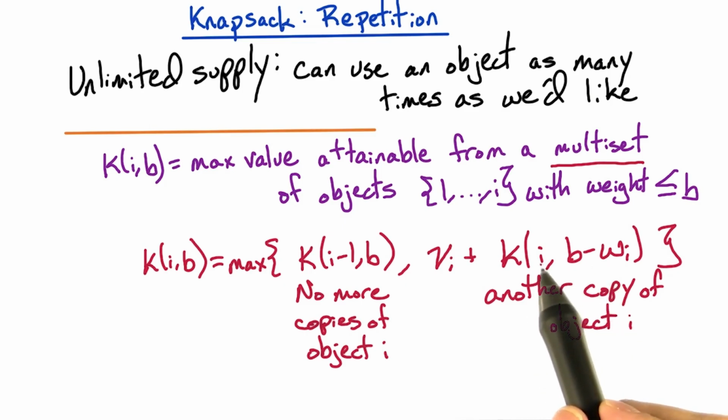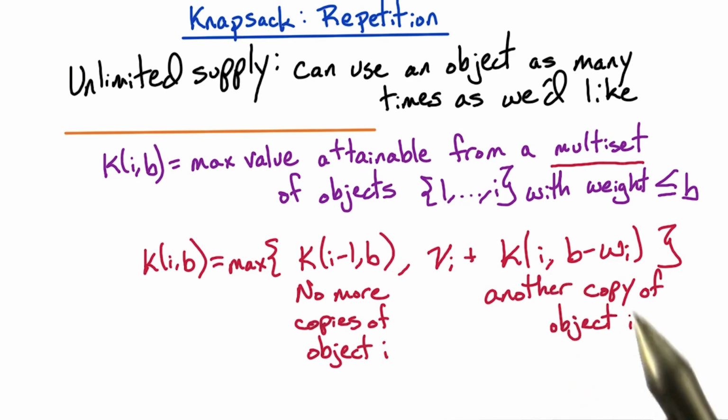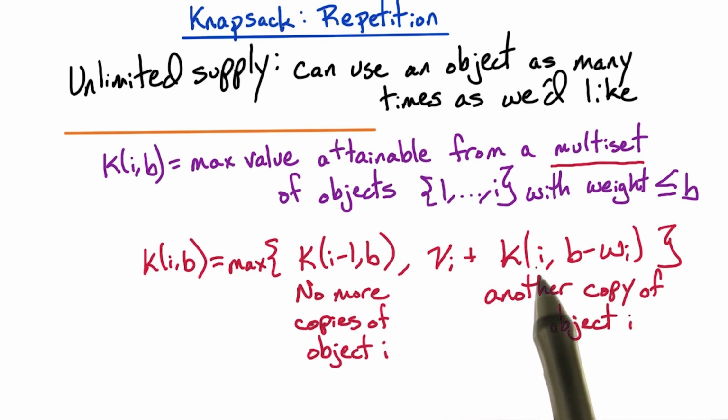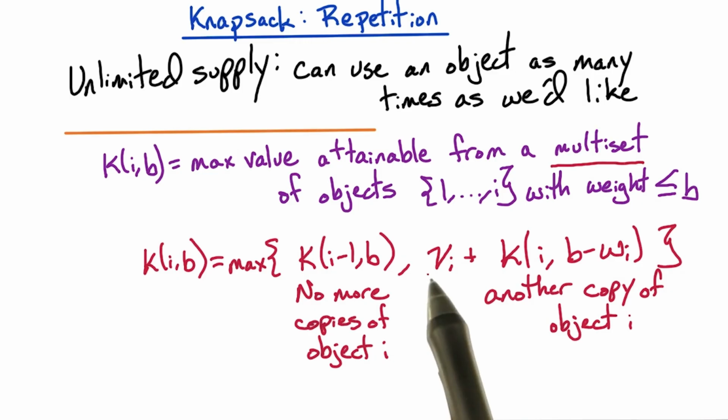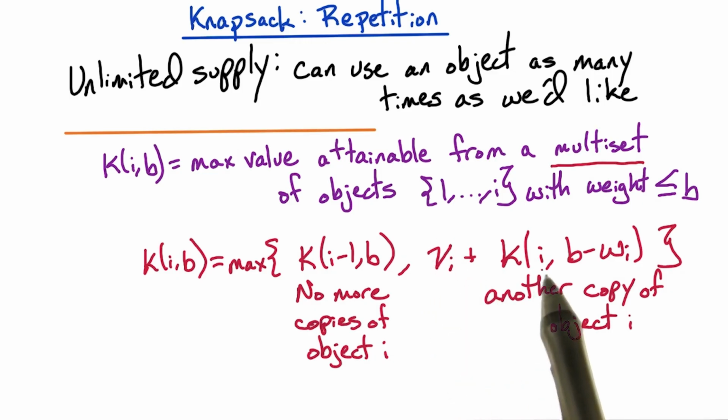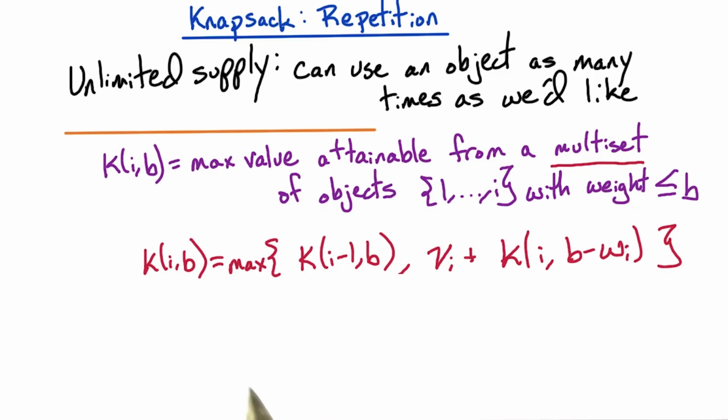But notice here, the first index is i, whereas in the other version of Knapsack, it was i minus 1. Because in this version, we're allowed to use object i again, additional copies. Whereas in the other version, once we used object i, which is what's happening in this case, we could no longer use object i. So this went down to i minus 1 to keep track that we didn't allow ourselves to use it multiple times.